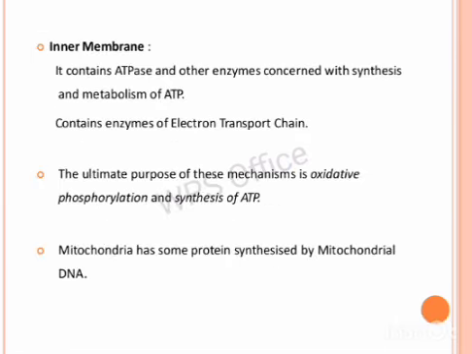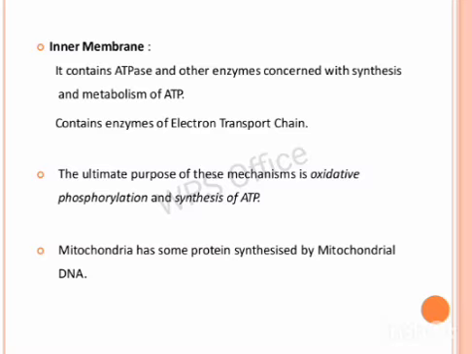There is the inner membrane. The inner membrane contains ATPase and other enzymes concerned with synthesis and metabolism of ATP, and contains enzymes of the electron transport chain. The ultimate purpose of these mechanisms is oxidative phosphorylation and synthesis of ATP.